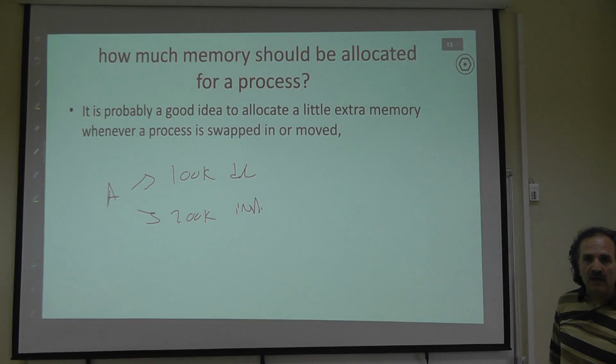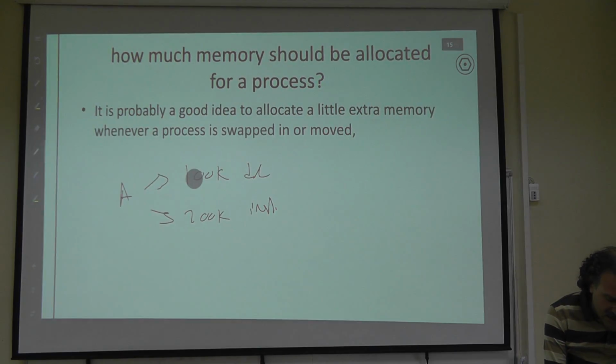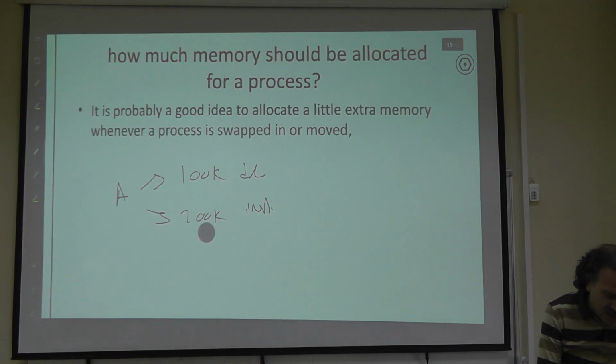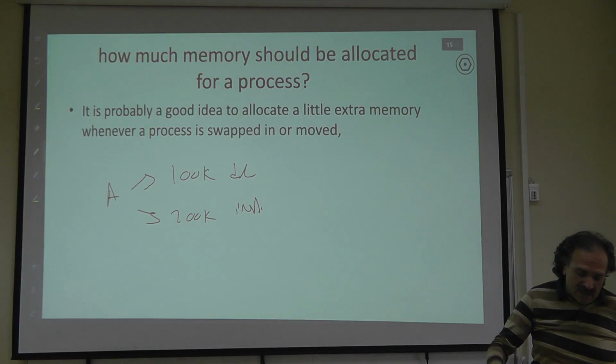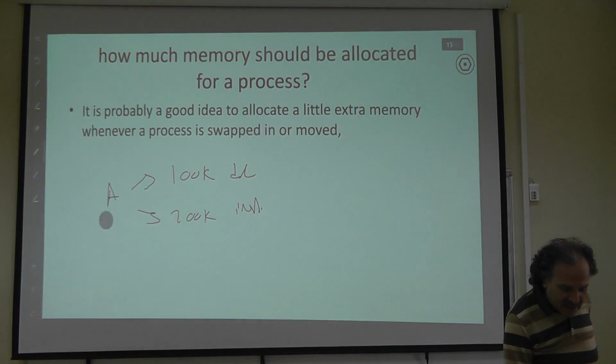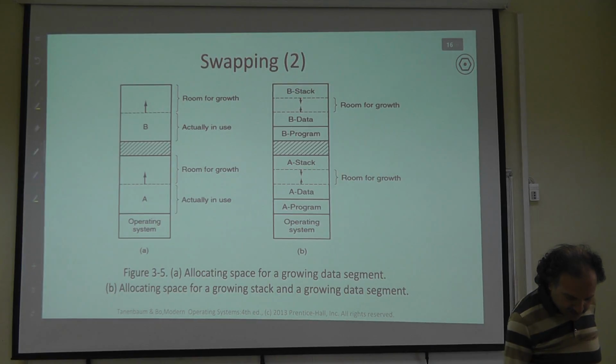They can do dynamic allocation. That's why when you calculate 100K for the data and 200K for the instruction space, you add more space so that process A has more room for expansion.